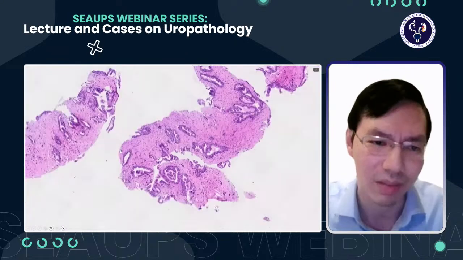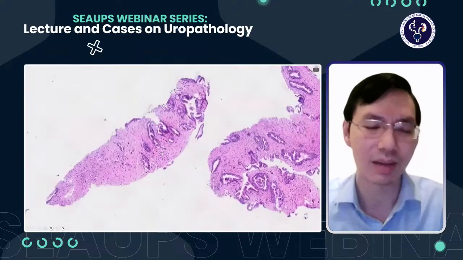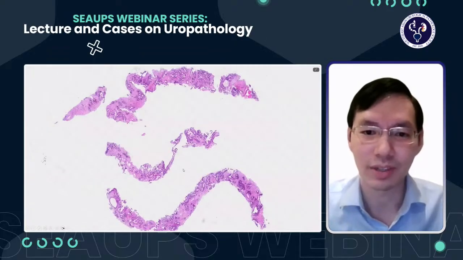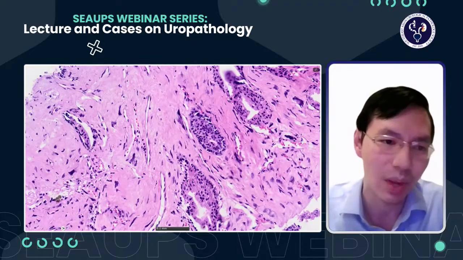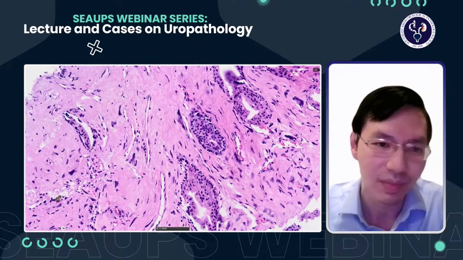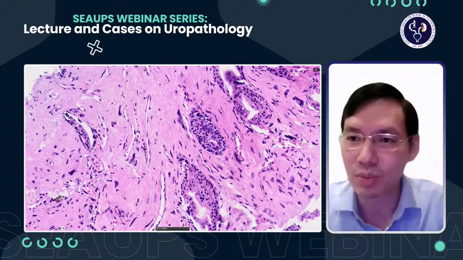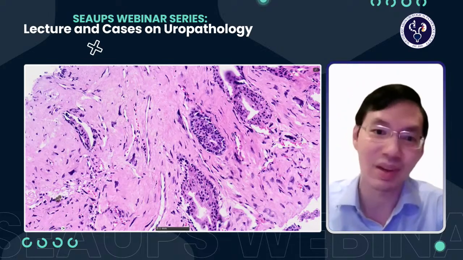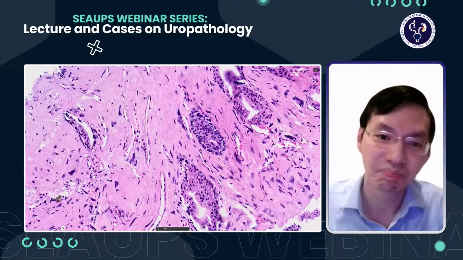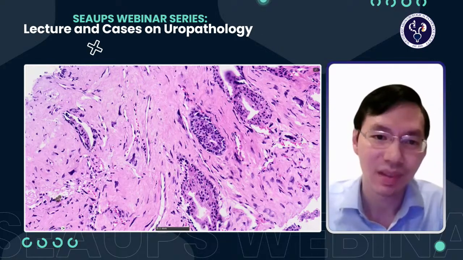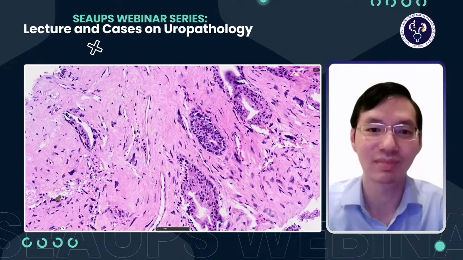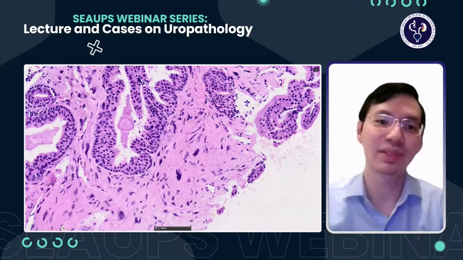But this time it's just these little pleomorphic cells, and if you go to higher power, you start to see them quite clearly. They are in the stroma here, some more, even here, right?